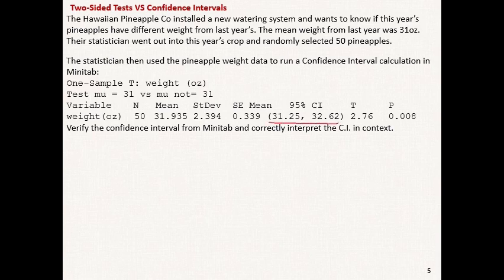It also gave us the t statistic and p-value that we found in the last part. So Minitab will do lots of things for us. What they want us to do is go back to confidence intervals and calculate that confidence interval. Pause this video and try to do that on your own just to verify the confidence interval that Minitab gave us.